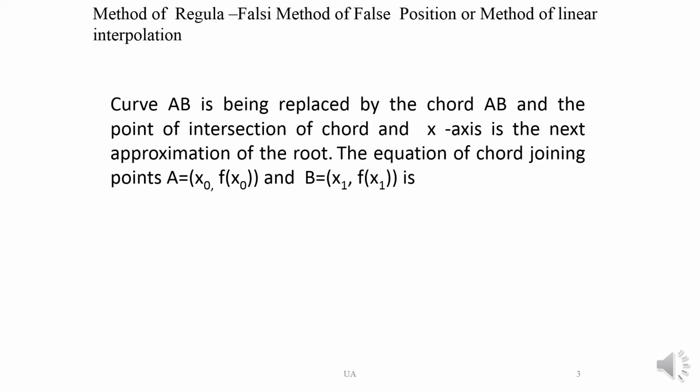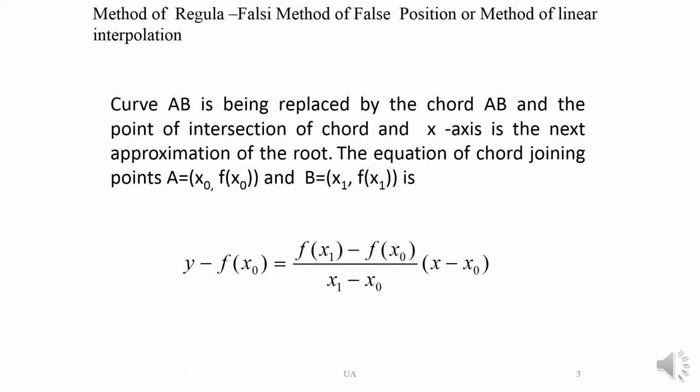The equation of the chord joining points A (x0, f(x0)) and B (x1, f(x1)) is y - f(x0) = [(f(x1) - f(x0)) / (x1 - x0)] (x - x0). This is the equation of a straight line joining 2 points, which is y - y1 = [(y2 - y1) / (x2 - x1)] (x - x1). So this formula we have used and got the equation.